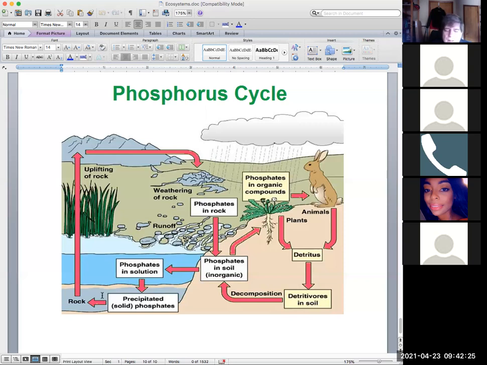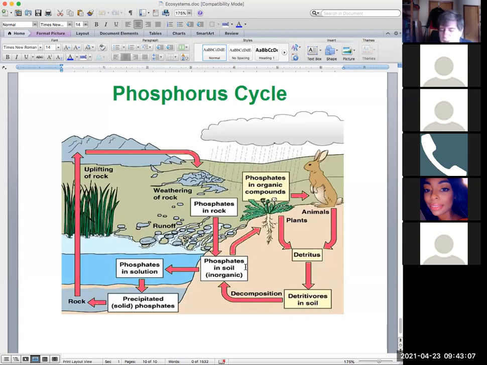But the process where this precipitated solid phosphate in the rock is exposed to the air and gets weathered, which basically means little small pieces of it break off, can take thousands or millions of years. And in the phosphate cycle, this part of the cycle takes so much longer than the other steps that phosphorus is very frequently a chemical element that limits plant growth in most environments. So again, this is why it's often found in fertilizer.